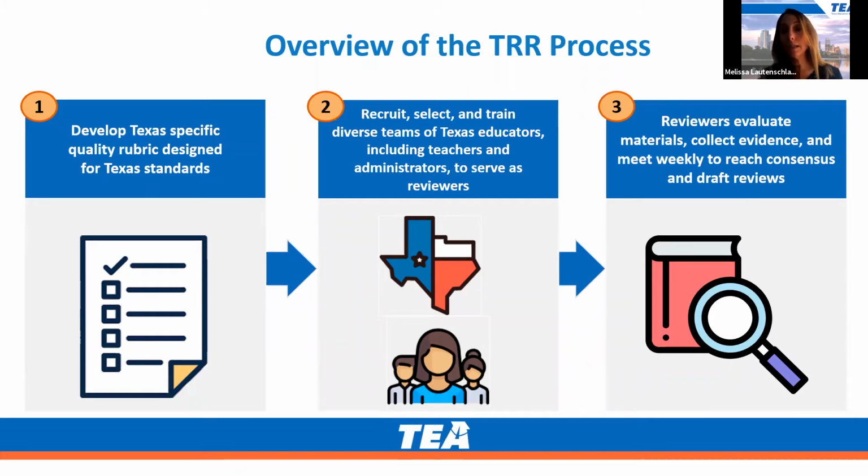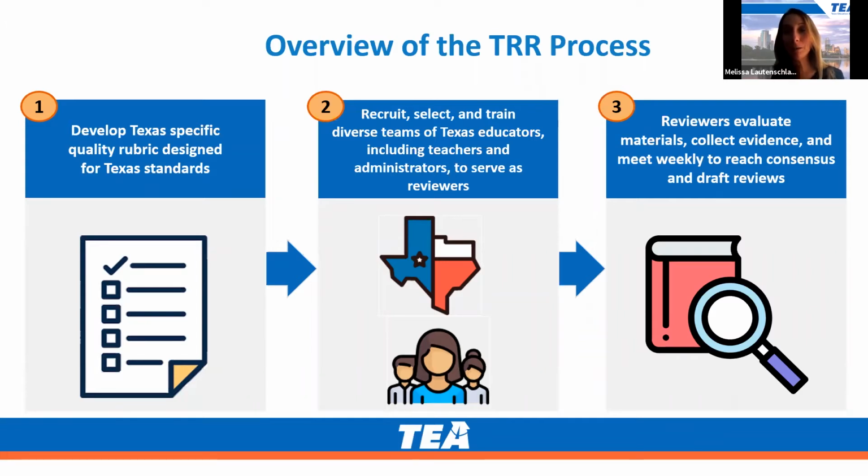For the Texas Resource Review, this is a longer process. It typically takes anywhere from 4 to 6 months to complete the review cycle, plus there's additional time involved in the rubric.